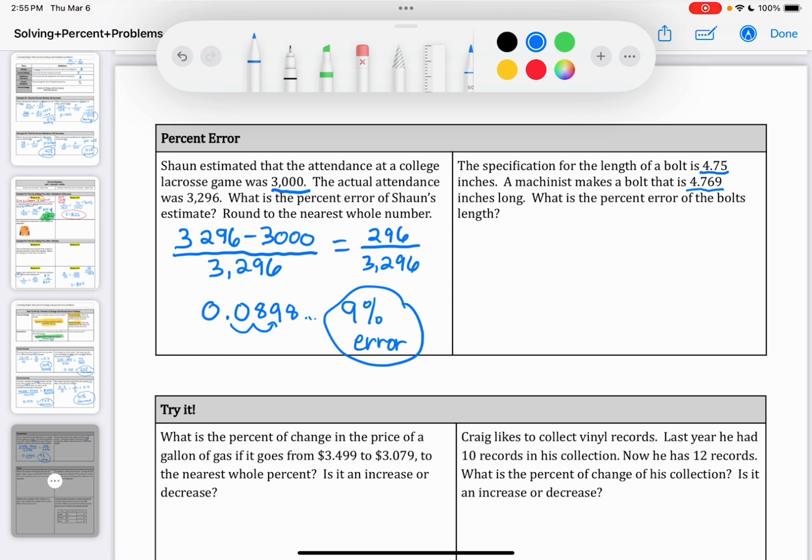So first of all, we're going to need the difference. So the difference is going to be 0.019.